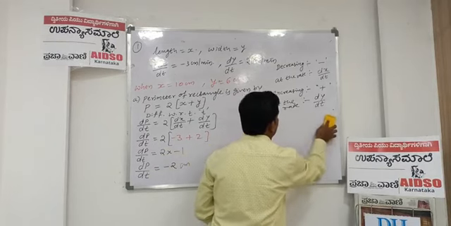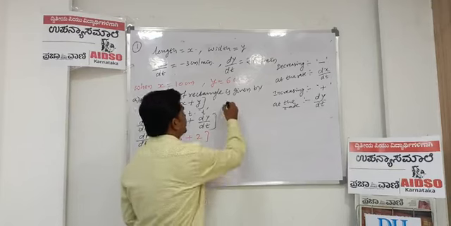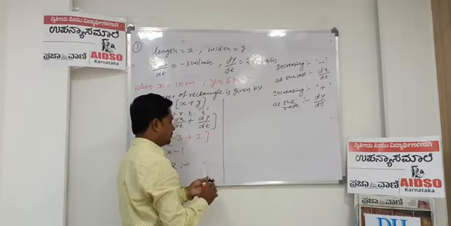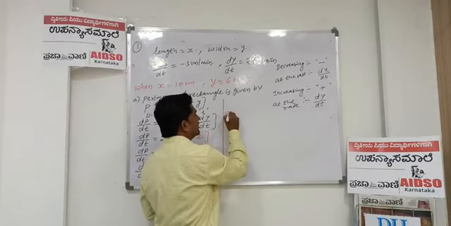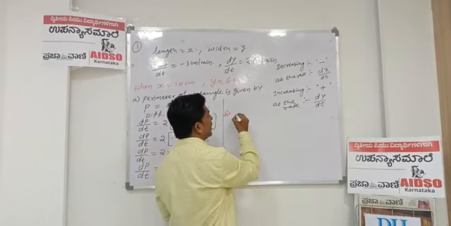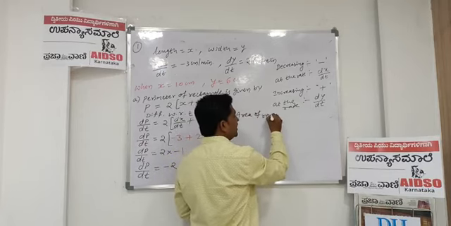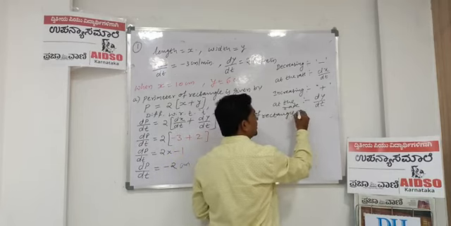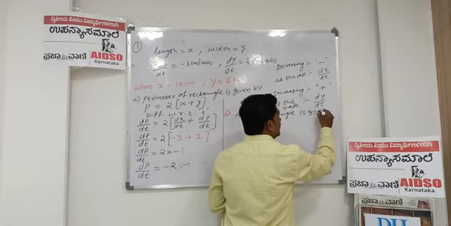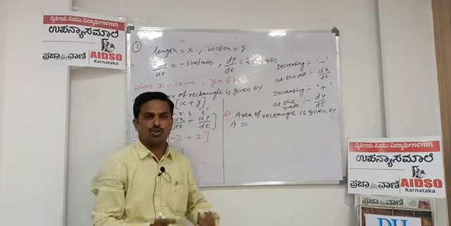Next, the second part we need to consider is the area of a rectangle. The second part of this question is to find the area of a rectangle, and the area is given by the formula A is equal to length into width or breadth.